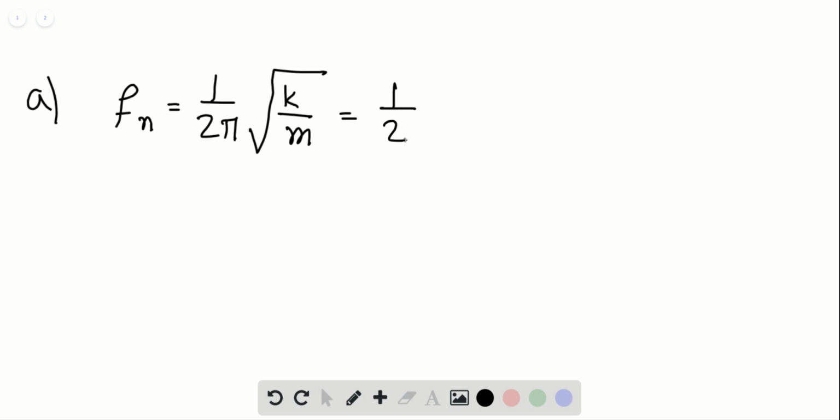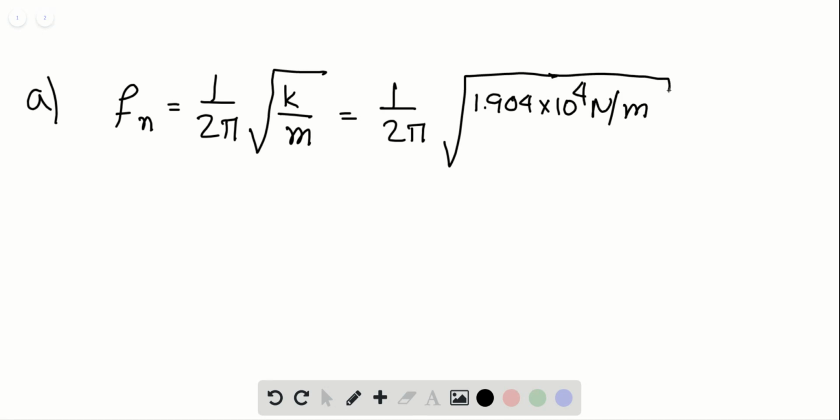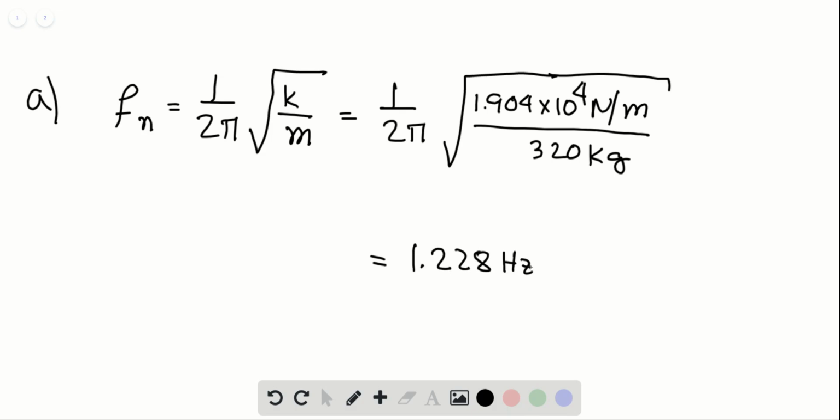So that's 1 over 2 pi square root of 1.904 times 10 to the power 4 Newtons per meter divided by 320 kg, which is equal to 1.228 hertz. And if we approximate to just 2 significant figures, it's just 1.2 hertz.